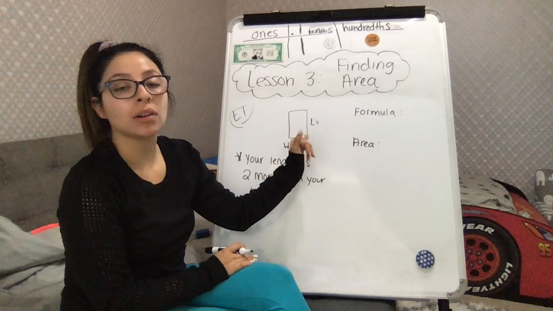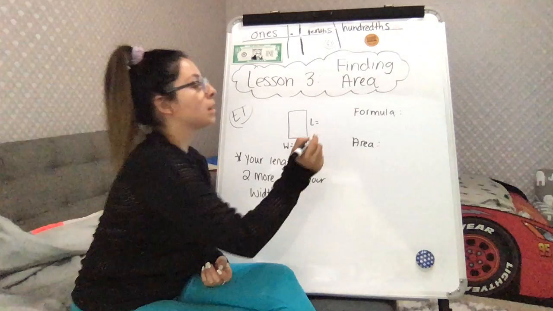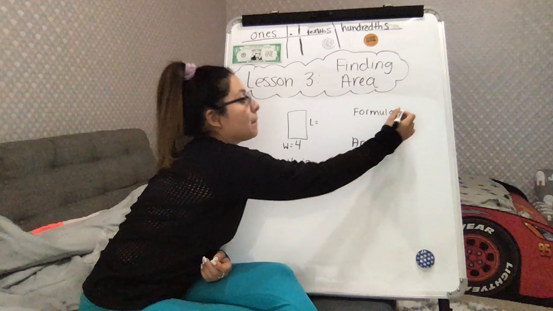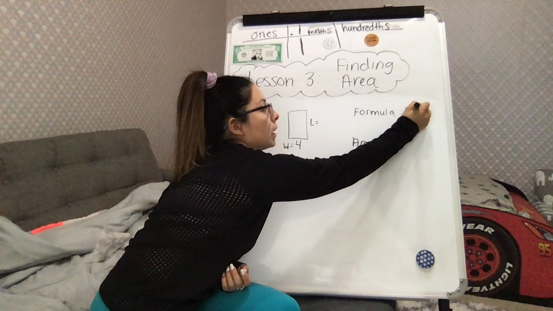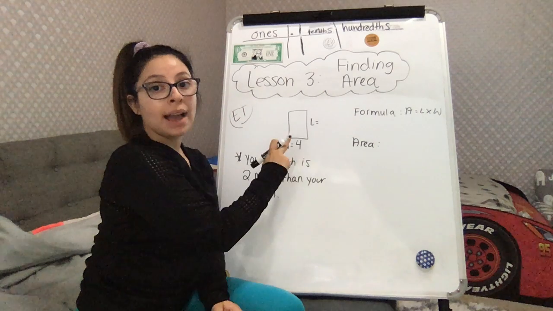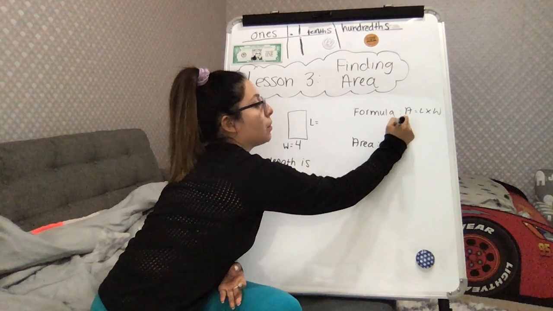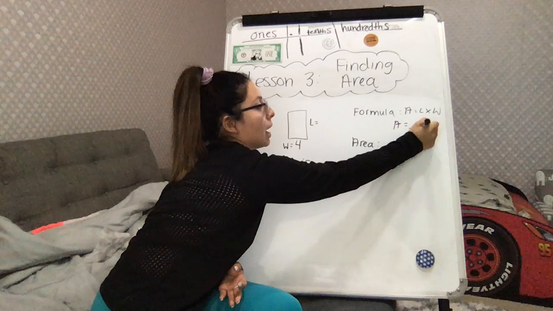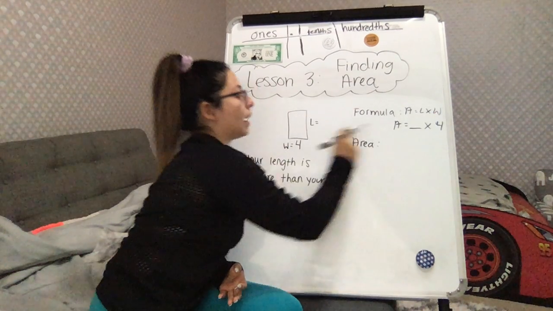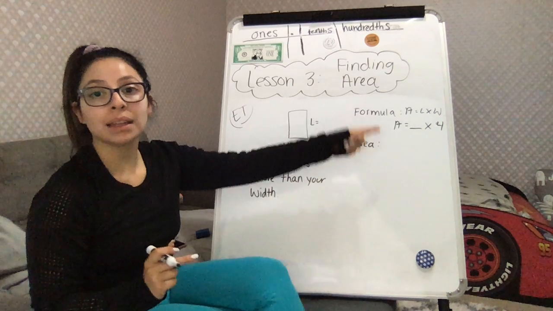So before we find our length, let's start with our formula. Back to my reference chart, I know that it is A equals length times width. I have my width so far, so I could do A equals blank times 4. Now let's find out what our length is so we can plug it in and find our area.